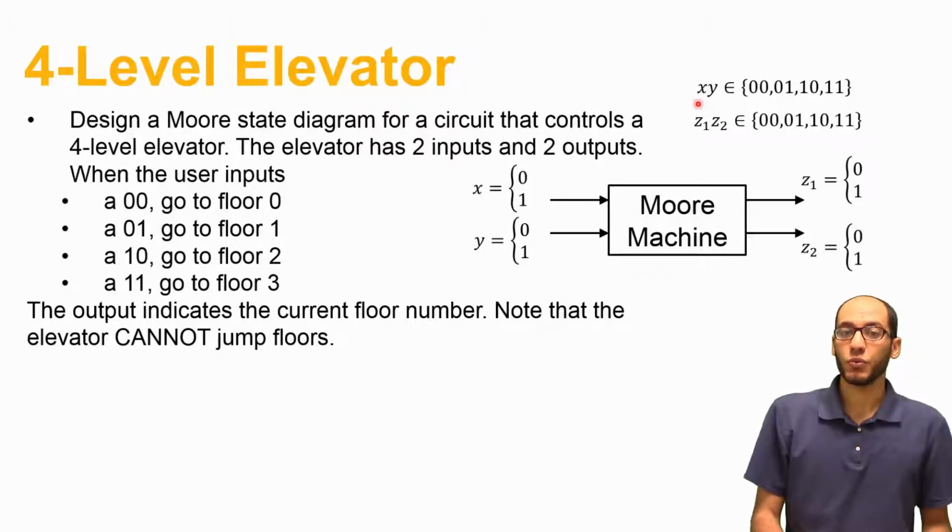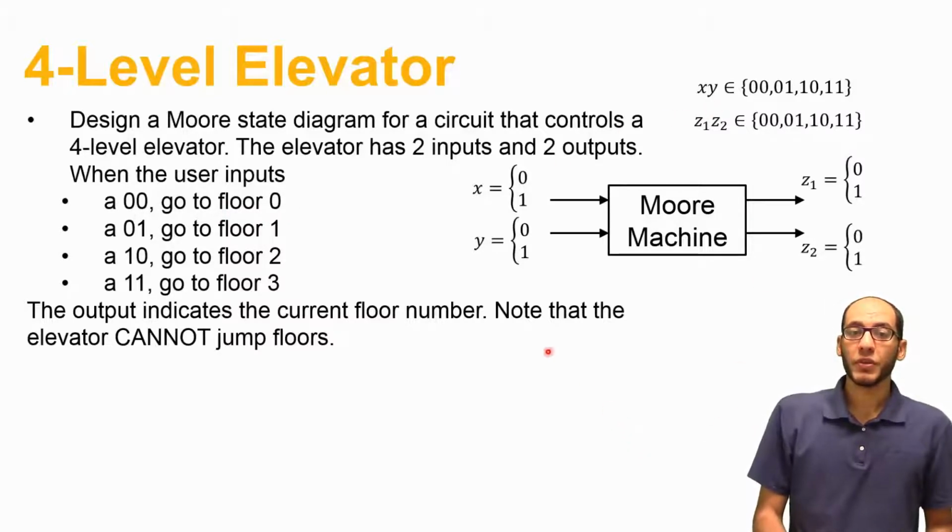By convention, we are concatenating these XY so that we can make the problem a little bit easier. Thus, the input 0, 0 represents that the user is requesting to go to floor 0, and it means that X equals 0 and Y equals 0.